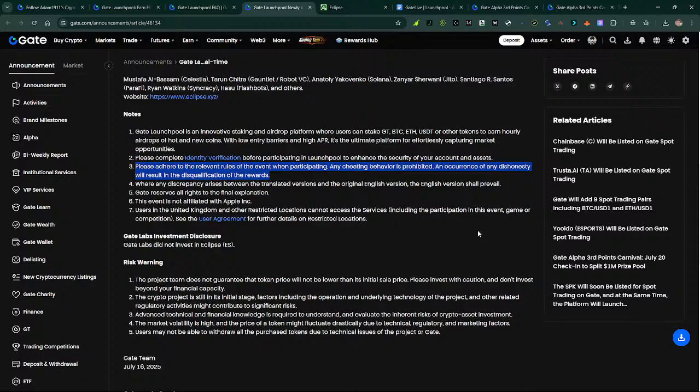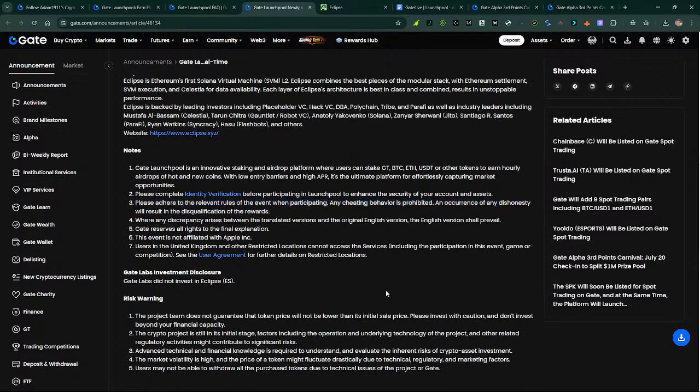So you just have to maintain your strategy. And users may not be able to withdraw all the purchased tokens due to technical issues of the project or from the Gate team. So just contact either one of them or both of them in that case. So these are the risk warning notes.